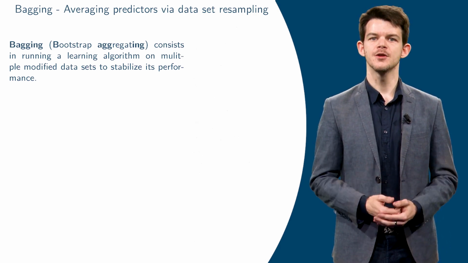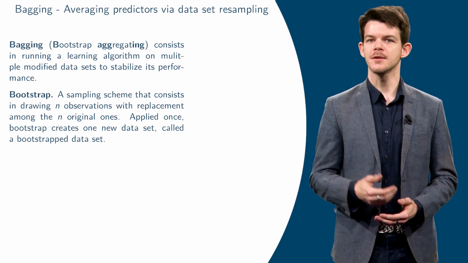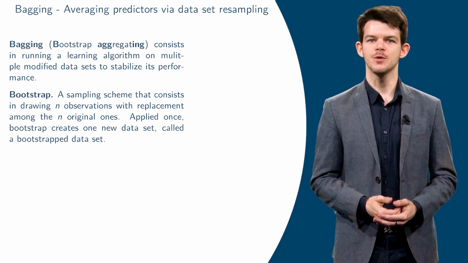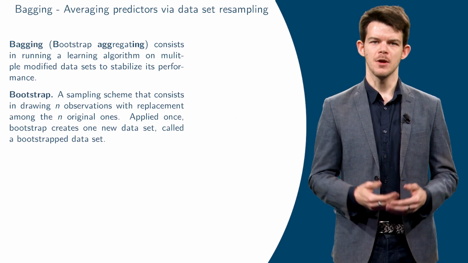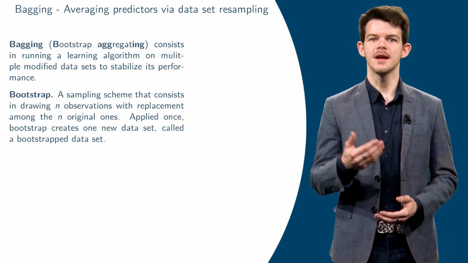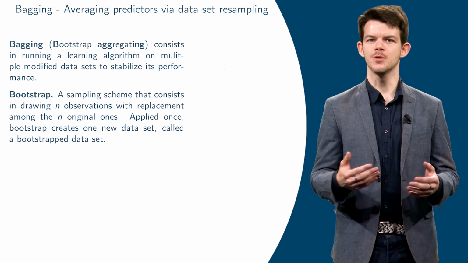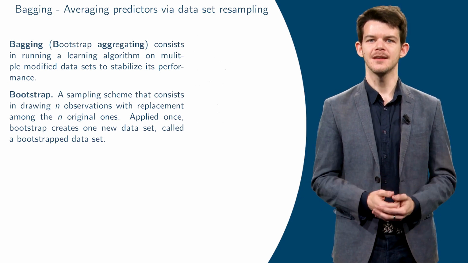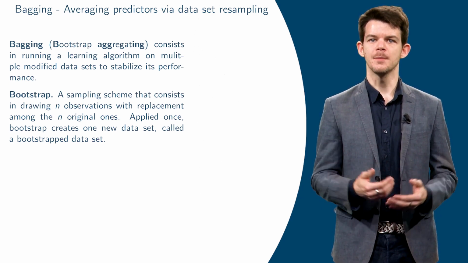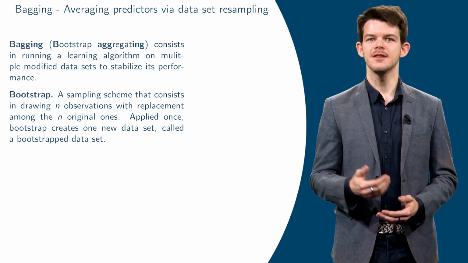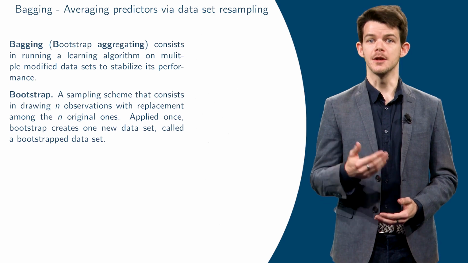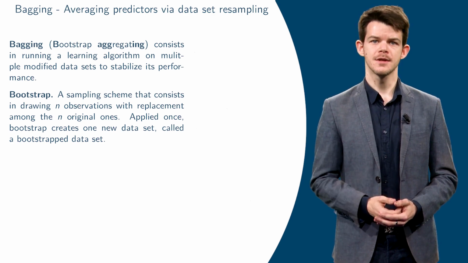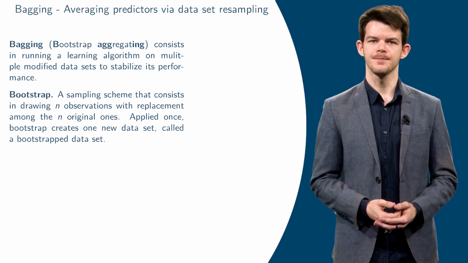More precisely, the bootstrap is a sampling scheme that consists in drawing n observations with replacement among the original n observations. By applying the bootstrap procedure, we obtain a new dataset, which is called the bootstrap or bootstrapped dataset. This bootstrap dataset can only contain the original observations. Some observations from the original sample are not present, and others are present multiple times.